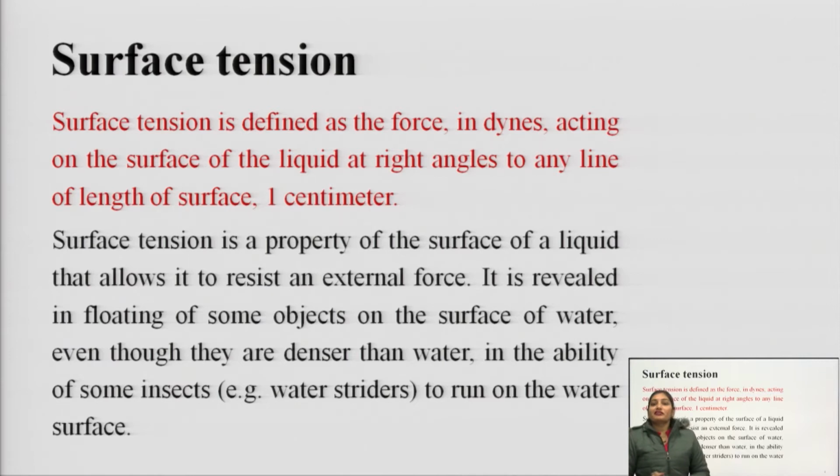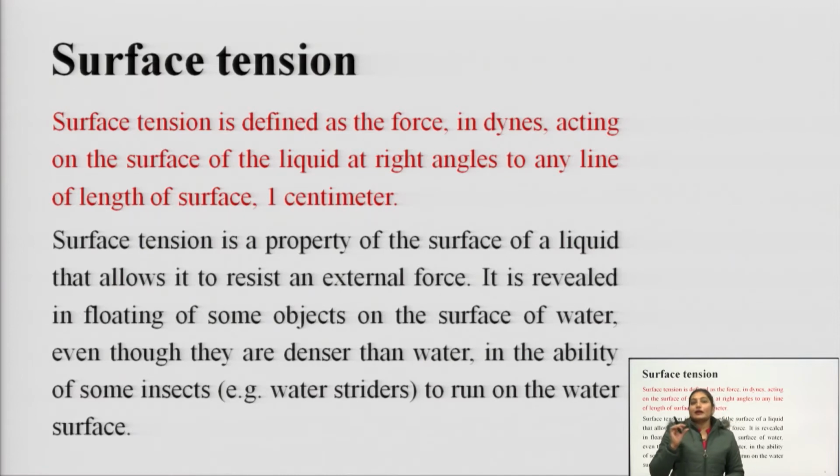Next is surface tension. So, what is surface tension? It is defined as the force in dynes acting on the surface of the liquid at right angles to any line of length of surface 1 centimeter. Okay. So, surface tension is a property of the surface of a liquid that allows it to resist an external force.